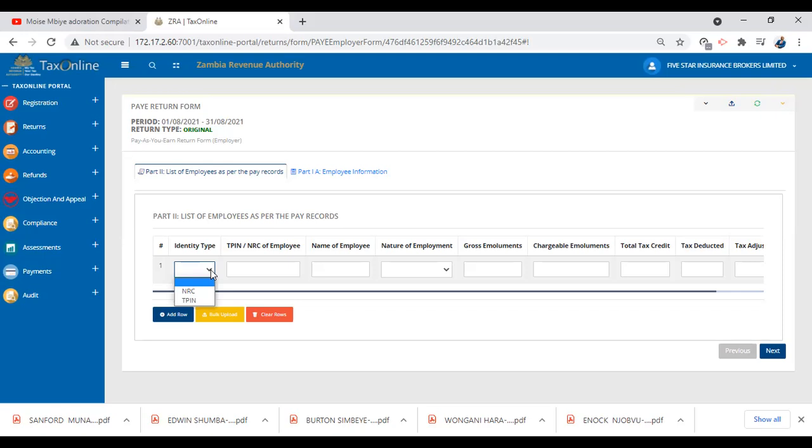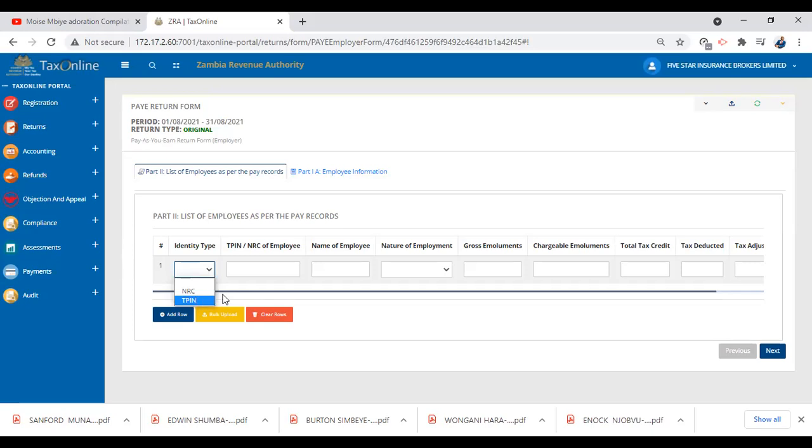If you decide to use TPIN, you must again go on for everyone. So that is the catch. You cannot mix, where you say this one, this one, this one.